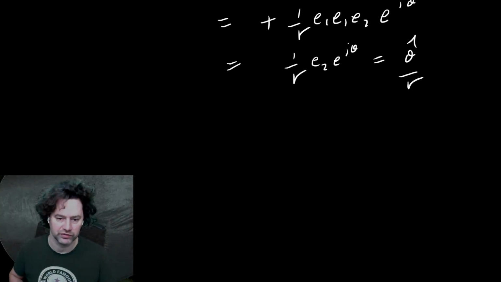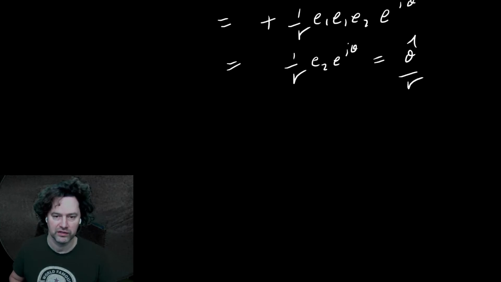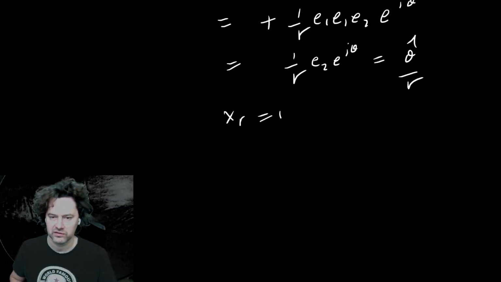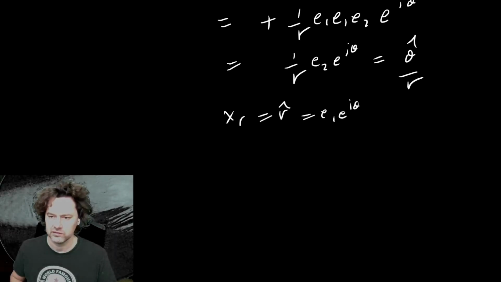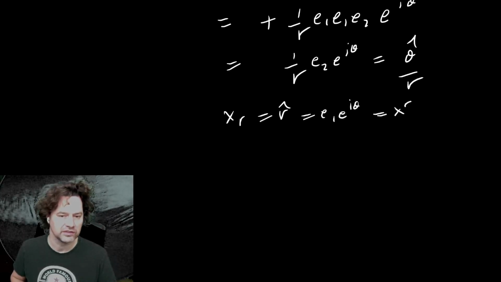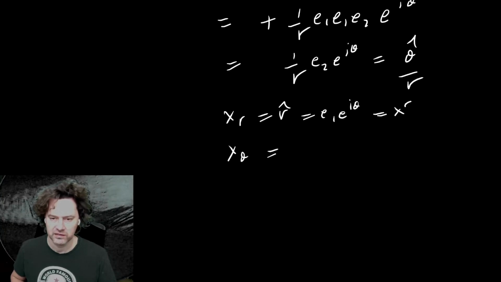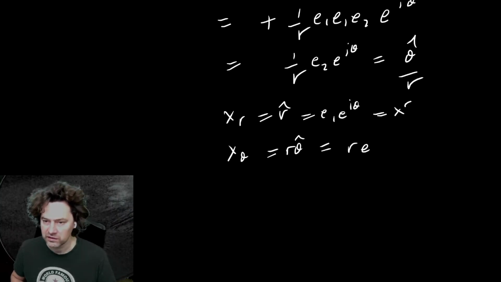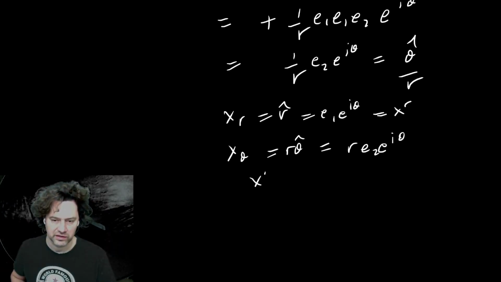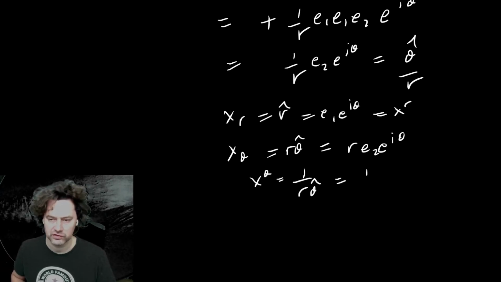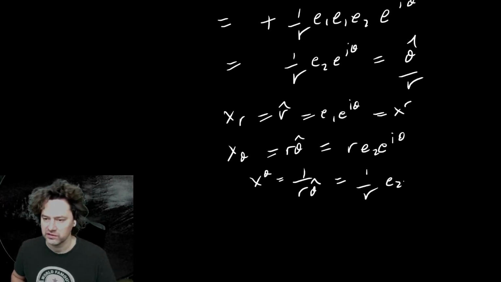So in this case, we have found that x_r, which is r hat, is e1 e^{I theta} and equals x^r, and x_theta, which is r theta hat, is r e2 e^{I theta}, and x^theta is 1 over r theta hat, which was 1 over r e2 e^{I theta}.